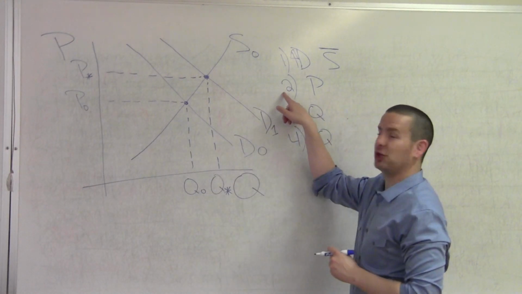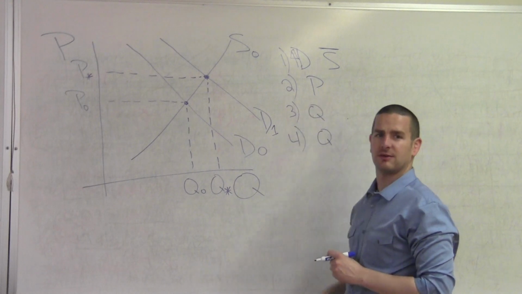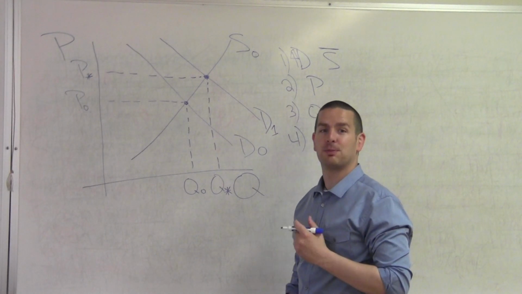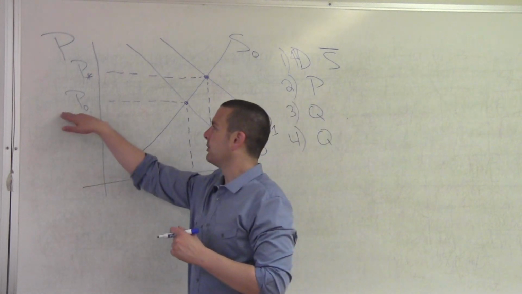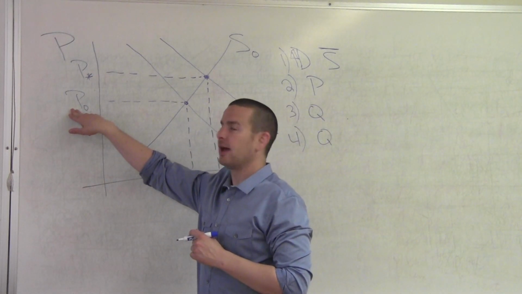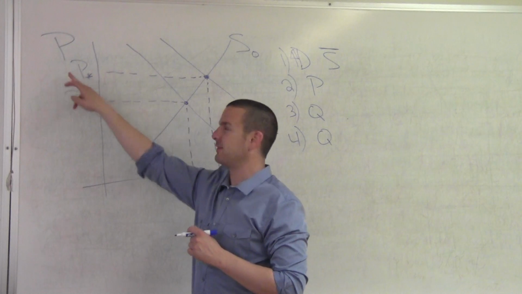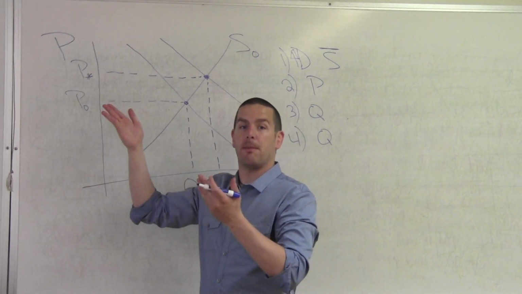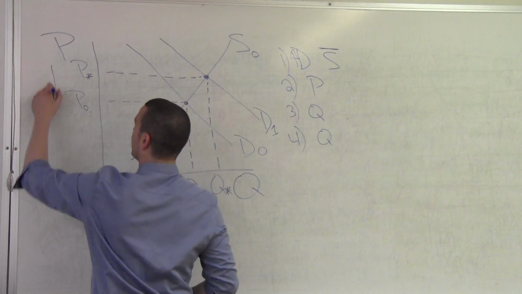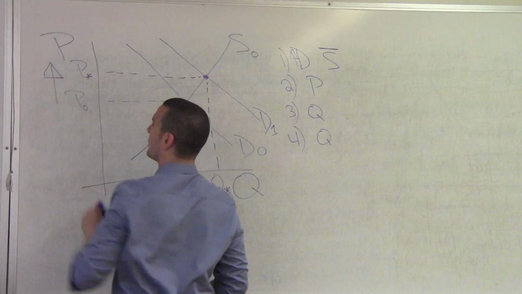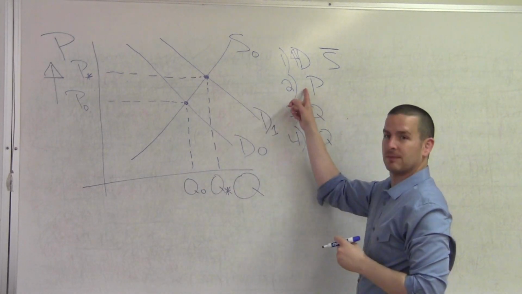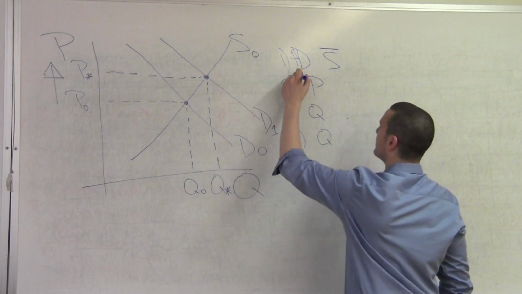Okay, so in step 2, we have a P here. It stands for price. We need to figure out what happened to prices. Well, prices were here, and now they're here. If this was a 5, this could be a 10. Prices have gone up. Okay? Prices went up. So we can put an arrow next to our P.